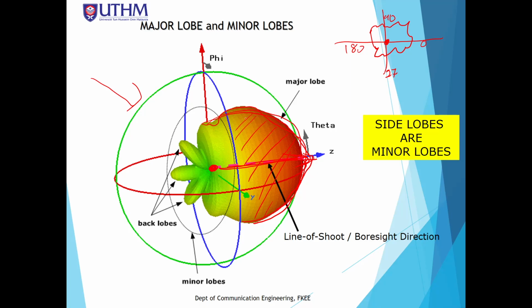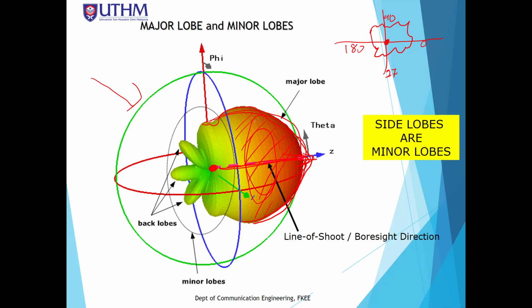Okay, so this is what we call the major lobe. The major lobe shows the most intensity of the radiation from the antenna. Dia menggambarkan majority ataupun sebahagian besar intensity daripada gelombang yang dipancarkan oleh antena pada satu arah.